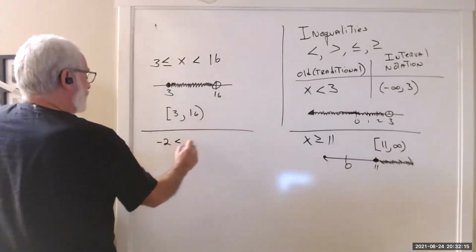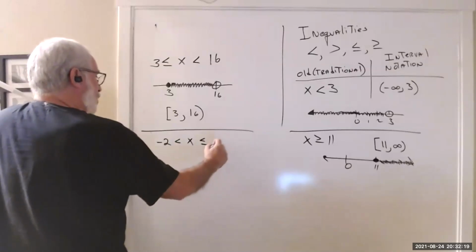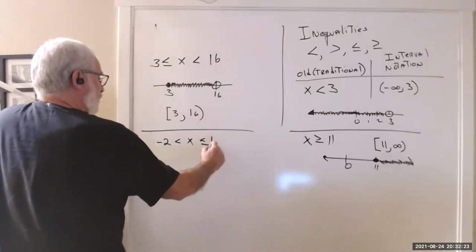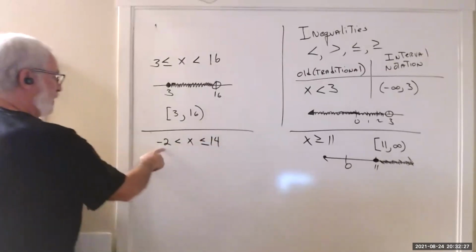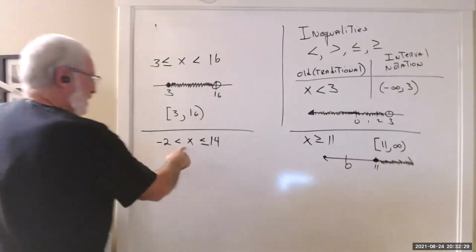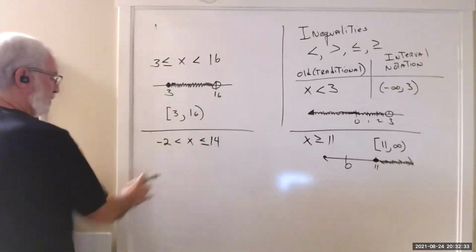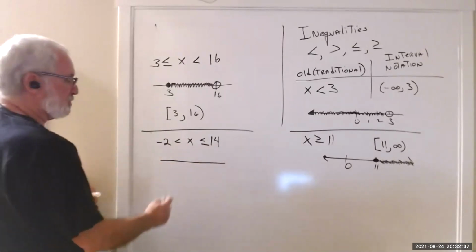-2 is less than X, which is less than or equal to 14. I'll just leave it as 14. Right now, I'm asking you to simply trust me.